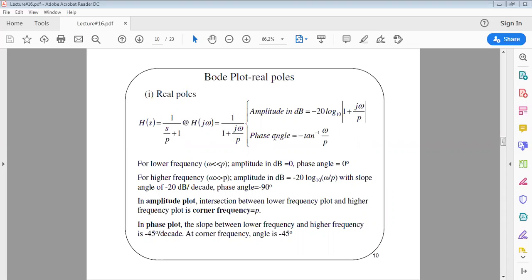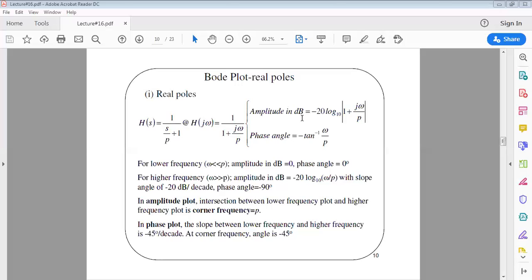And for the phase angle, it can be proved that the angle will be negative arctangent of omega divided by p. I hope that you can prove this amplitude and phase angle on your own. If you face any problem with this proving, you can just consult me.